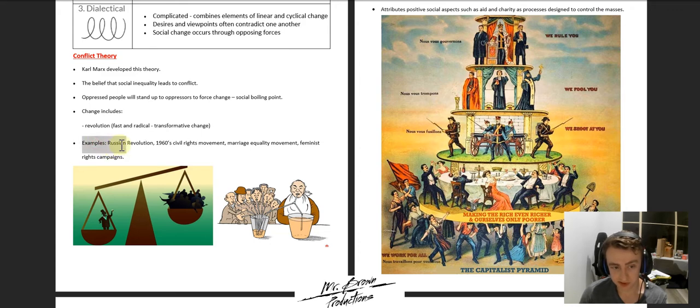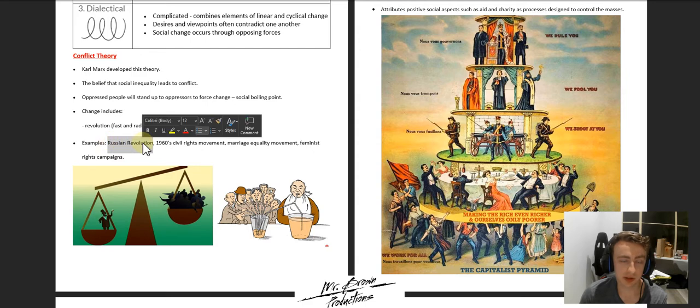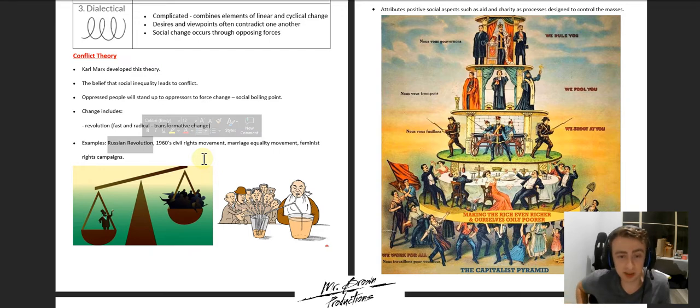So examples of this throughout history is the Russian Revolution, where Russia used to be a monarchy, so they used to have a king and queen similar to England, and then that government got overthrown, and then it became a communist government for some time, and now it's no longer communist.